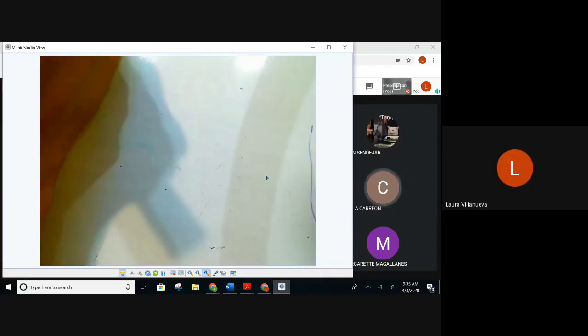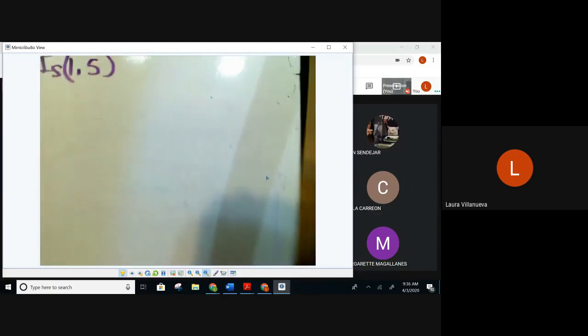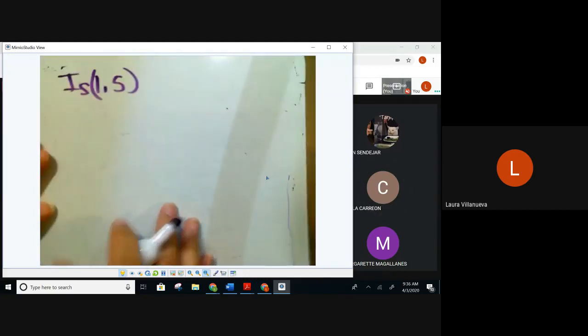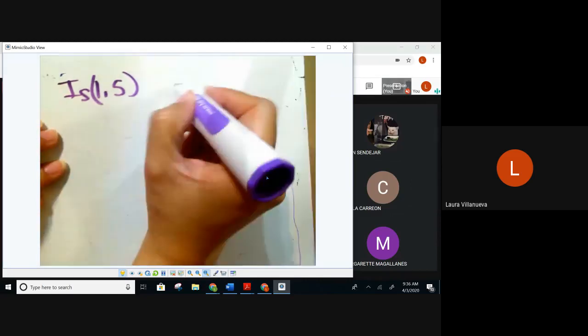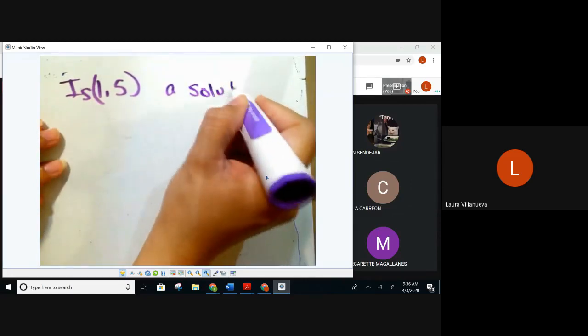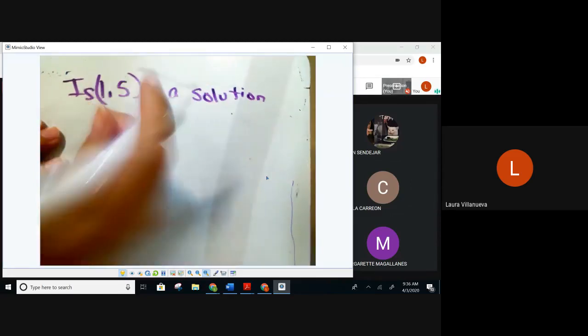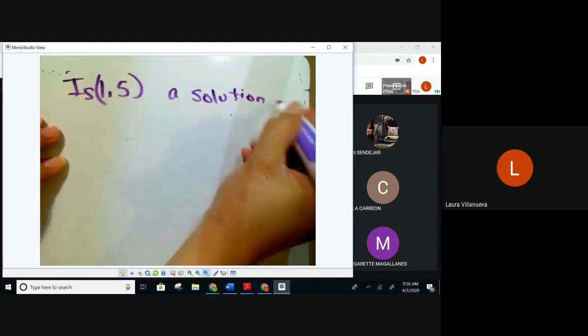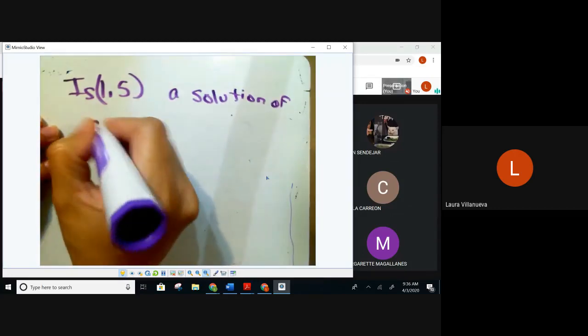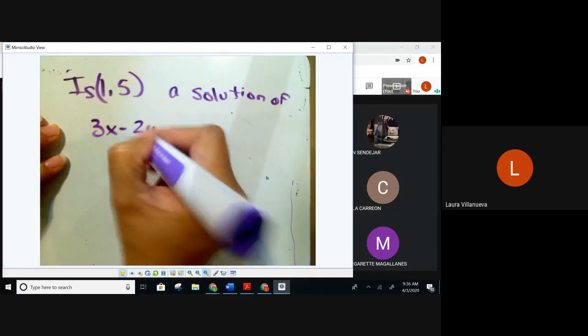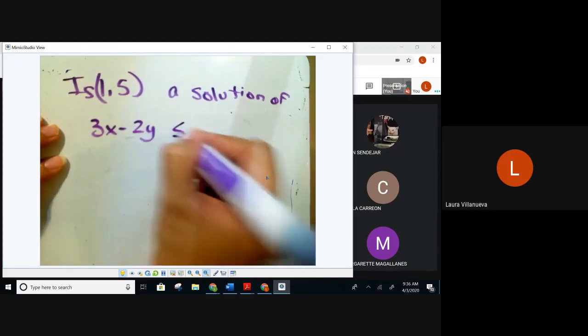Write this down. Is 1, 5 a solution? I think it's easier algebraically, but since they're not giving you the equation on the other ones, sometimes just looking at it is faster.